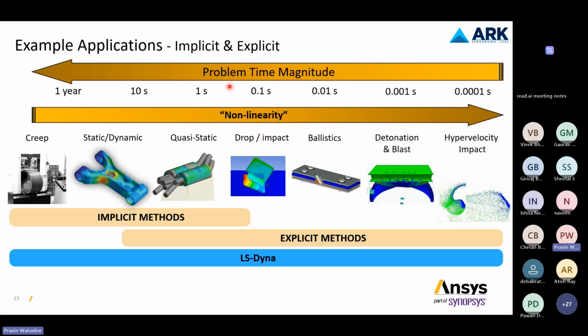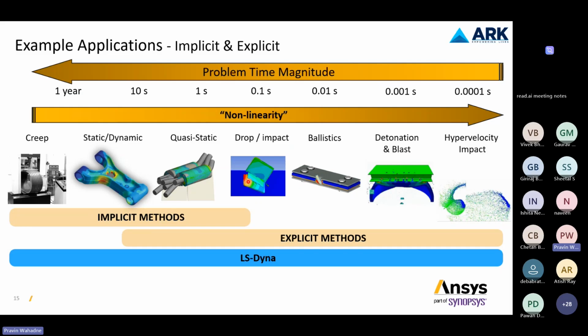Here the problem time magnitude goes from 1 year to 0.001 second, and the nonlinearity increases towards the shorter duration times. The phenomena that come under implicit methods are such as creep, static dynamics, and quasi-static, while drop impacts are an intermediate problem.